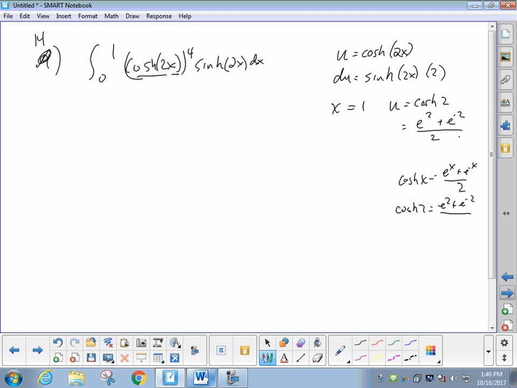Wait, no. But cosh of 2x equals e to the 2x plus e to the negative 2x over 2, and x is 1. With x, I already have 2 in there. If x is 1, then the fact that I'm using 2 means I'm doing 2x. Oh, yeah, I see.